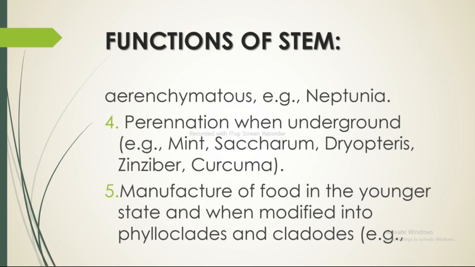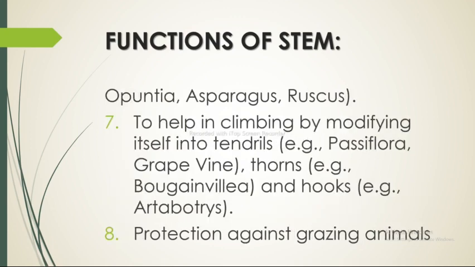Sixth, manufacture of the food in the younger state when modified into the phylloclades and cladodes, for example, Opuntia, asparagus, and Ruscus.